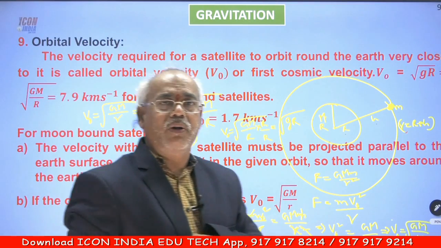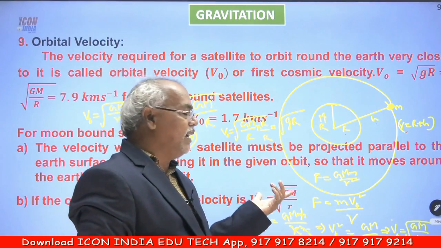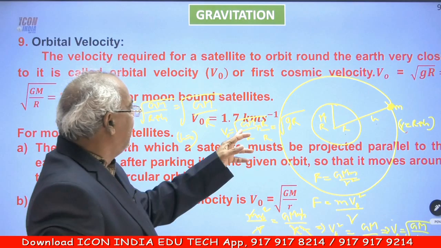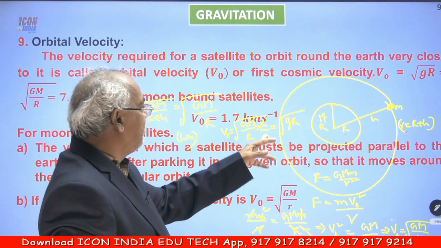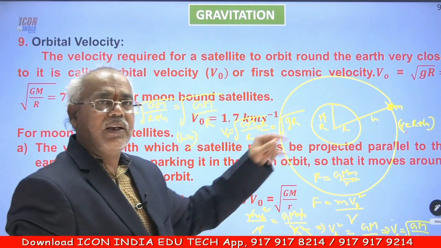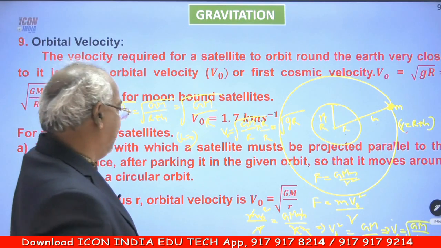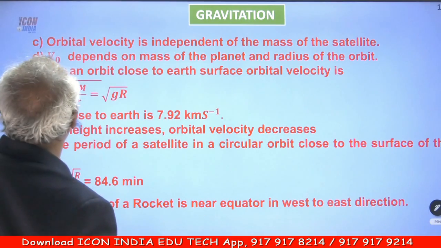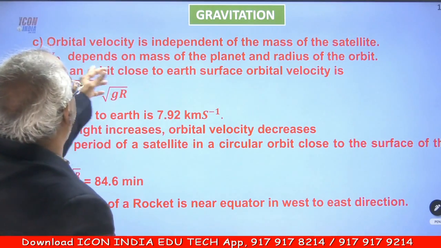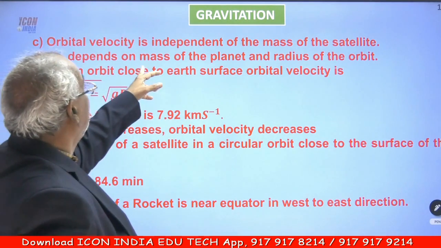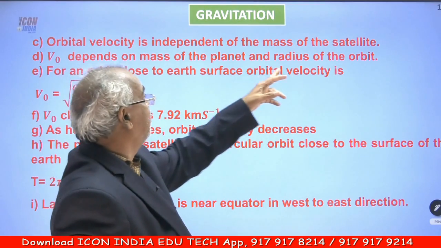It depends only on the mass of the planet and radius of the planet. That is GM by R into R by R, root of gR, where small g is acceleration due to gravity. The orbital velocity is independent of the mass of the satellite. V naught depends on the mass of the planet and radius of the orbit.